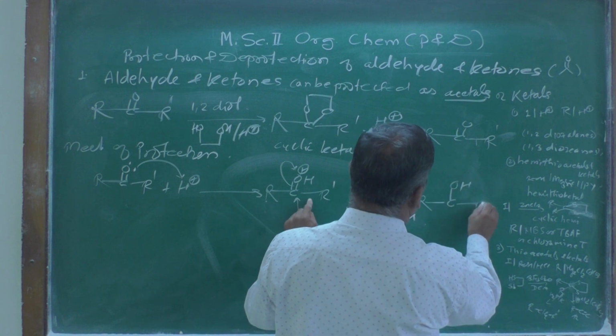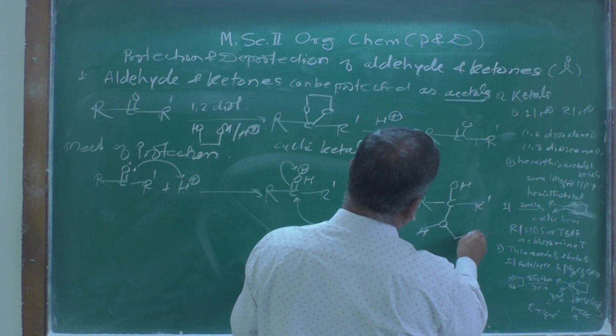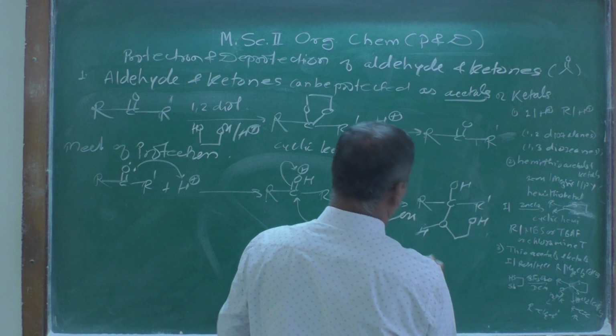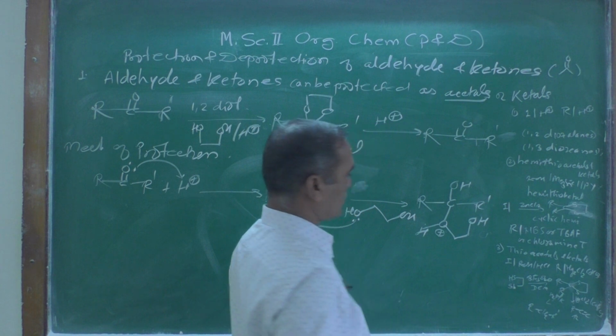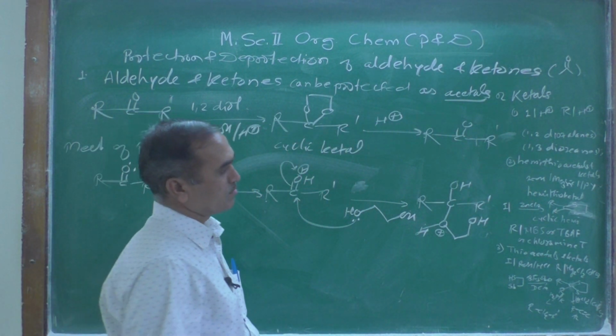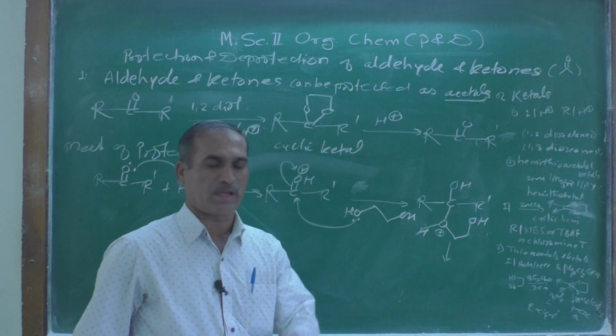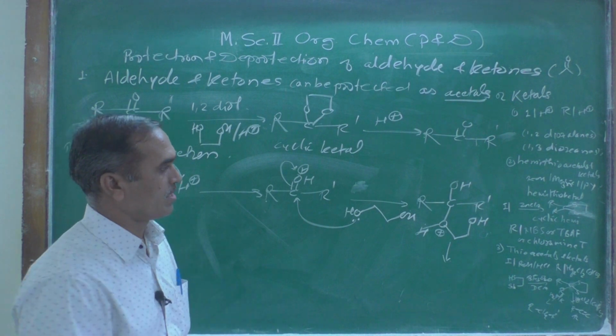RCOH, then R dash, then OH, CH2, and then this one OH. Positive charge comes on the oxygen atom. Whenever positive charge comes on the oxygen atom or on a heteroatom, that organic species becomes highly unstable.